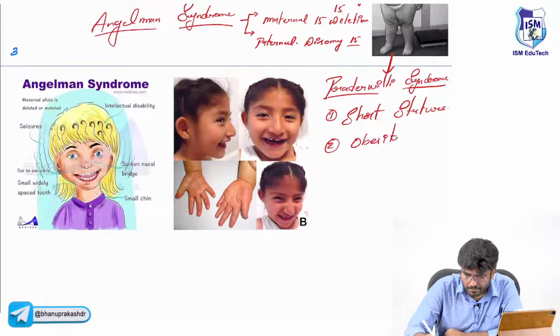These patients are going to have hyperphagia, excessive eating, they can't control their eating habits. They are going to have hypotonia, the muscles are going to show hypotonia. Their skin color is also going to be very fair, hypopigmentation.